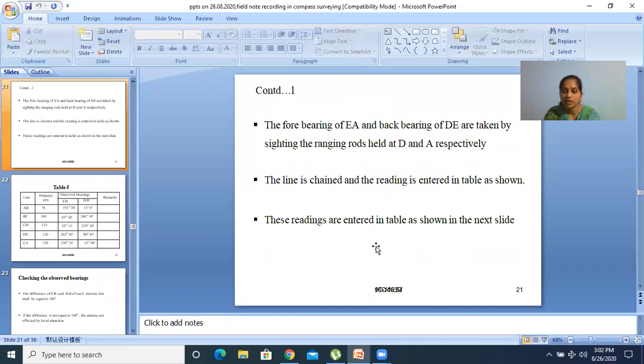So the fore bearing and back bearing of the lines have been taken from station E by placing the ranging rods at station A and station D. The line is chained and the reading is entered in the table.